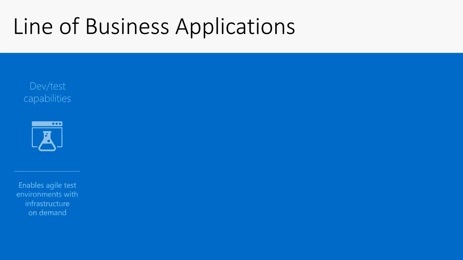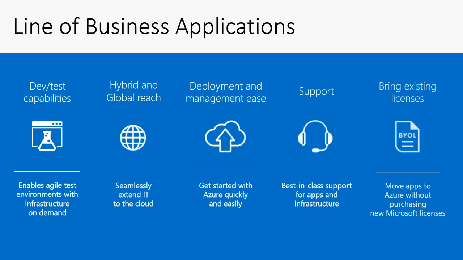With that, I'm going to come back to the Azure portal in just a minute, but I want to talk about why you would do this. It's very common for our customers to run traditional line of business applications in Azure infrastructure services.